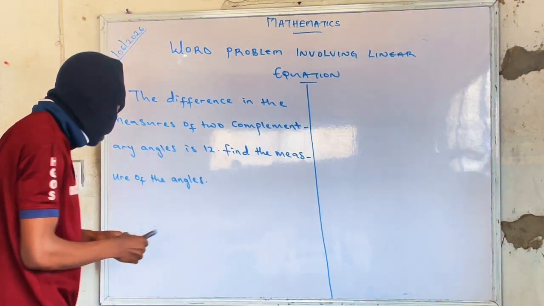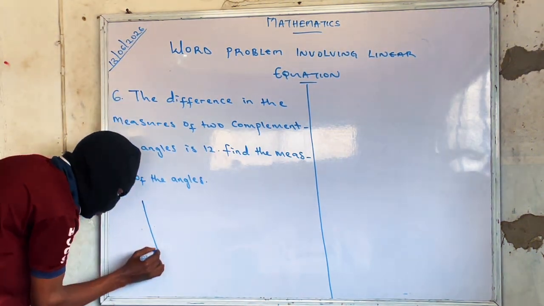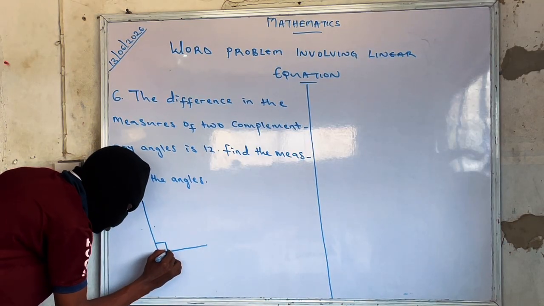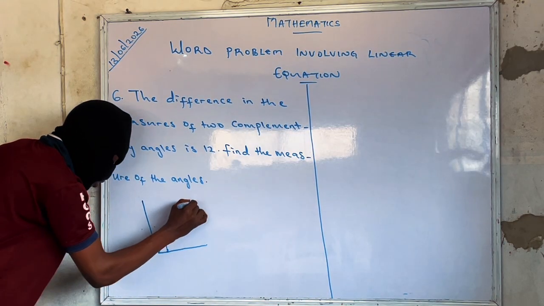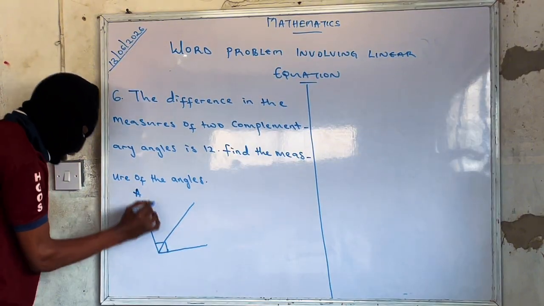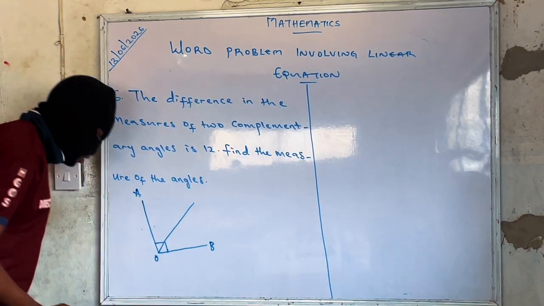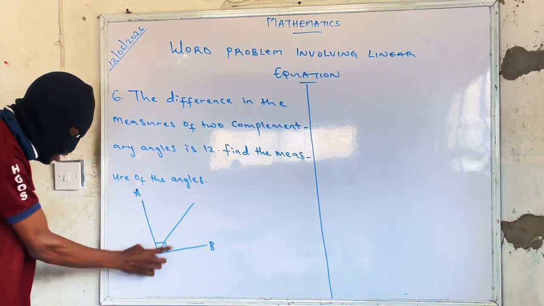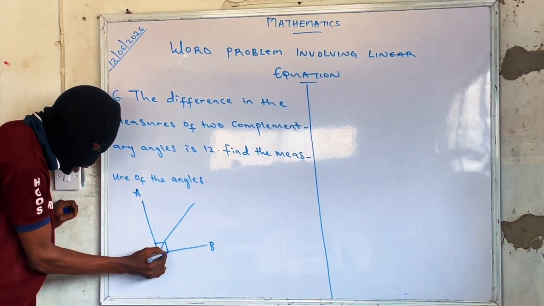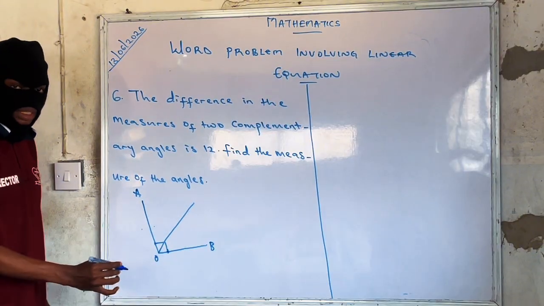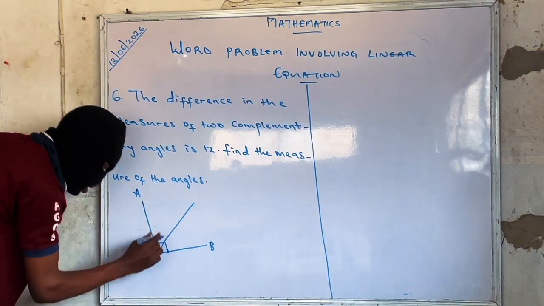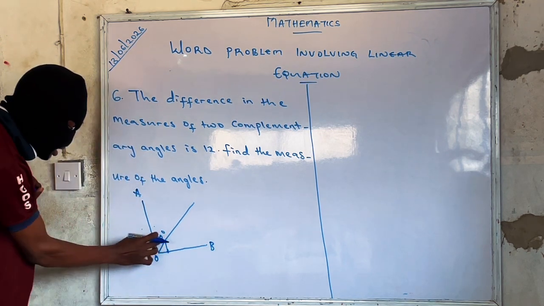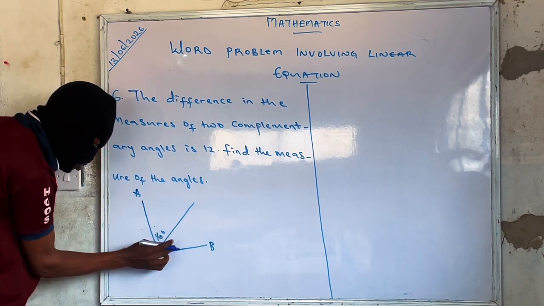Now look at it. This is an example of a complementary angle. Let's say you have an angle like this, A O B. You can see the two angles sum up to give 90 degrees. You all know that from this point to this point is your 90 degrees. Let's say one angle here is 40 degrees, and you're asked to find this other angle.